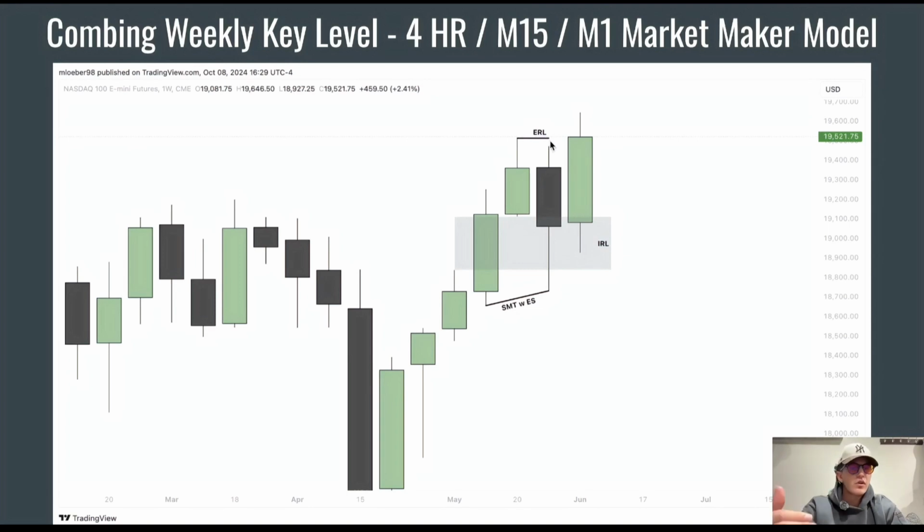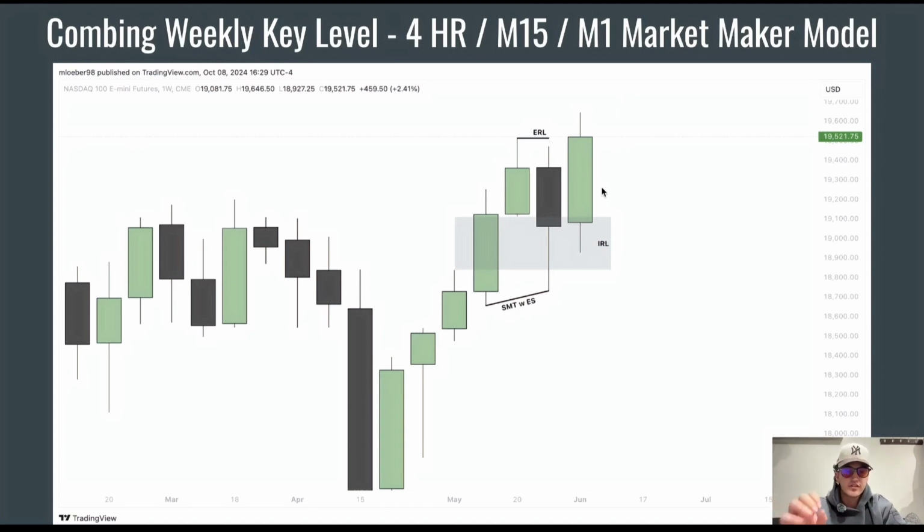So if we're able to look at the weekly to the 4-hour, why would we not go from a 4-hour to then an M15 if we miss the initial entry off of this gap? Or why would we not also go to an M15 to an M1 en route to this external range high? You can position yourself multiple times if you have a confident idea and stance as to where you know price is going to go to.